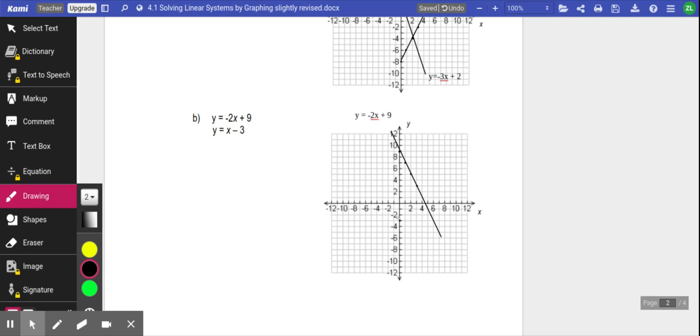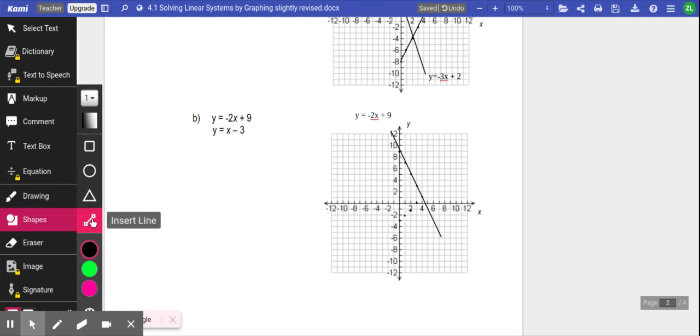So rise of 1, run of 1, rise of 1, run of 1, and so on and so forth until we have a point of intersection, which we do for this one here. Boom, just like that.